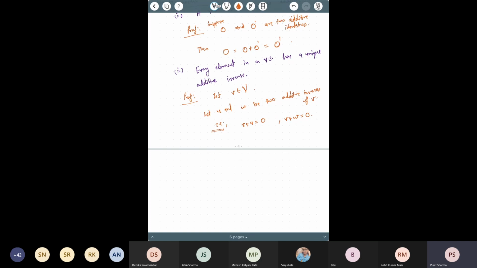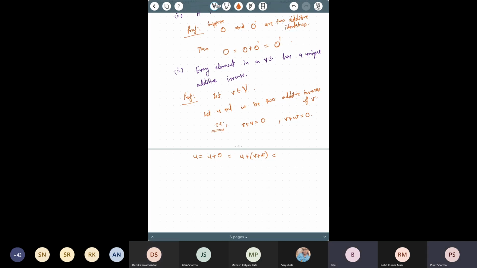Now you want to show that U equals W. You know that U equals U plus 0, but 0 is V plus W, so U plus (V plus W). You have used the fact that V plus W is an additive inverse of V. Now what is the next property we'll use here?